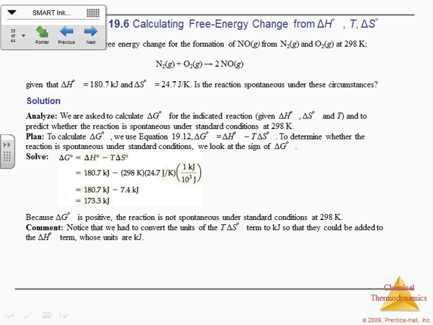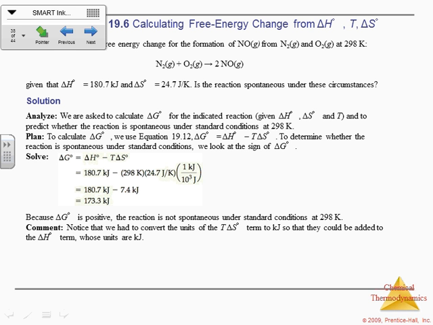Why did they do that? Because technically, you got 3 sig figs in both of those numbers, so I would round that to 7.36, then subtract. So I guess they're not being careful with their sig figs there. But you're going to end up with 173.3 or something in the ballpark on that, okay?